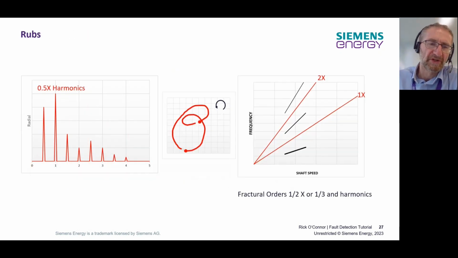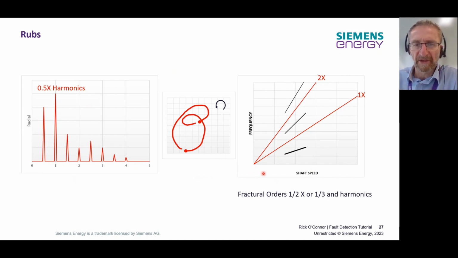If we consider rubs on a machine, this is where we can have a continuous rub or momentary rubs. Sometimes you can have a rub where it actually touches on alternate revolutions, so it generates a half X response, and you'll see a subsynchronous peak is present. Again, you'll get harmonics of those, and it may actually happen that it doesn't rub throughout the speed range.